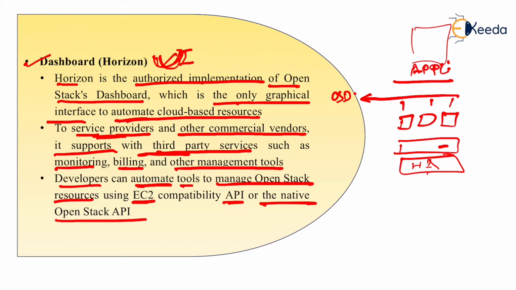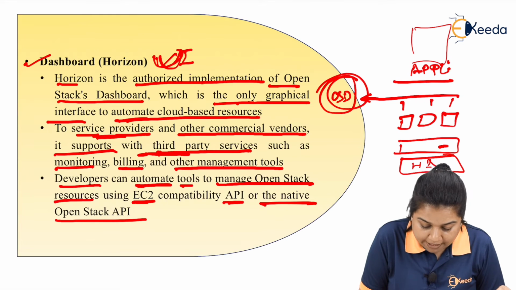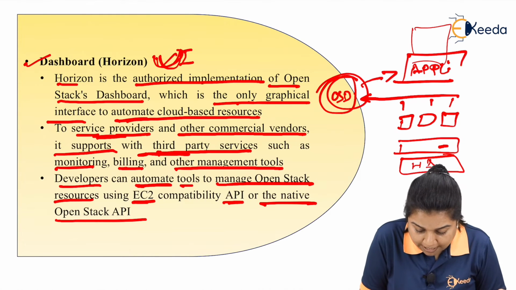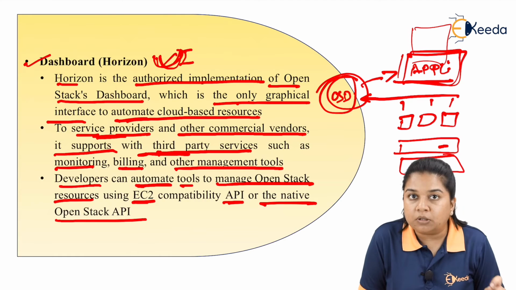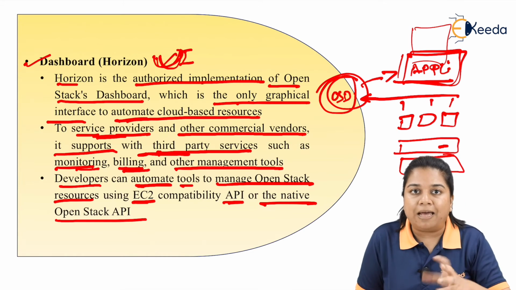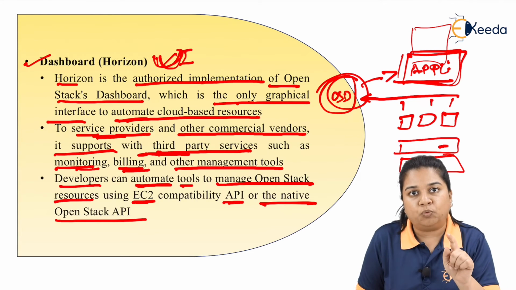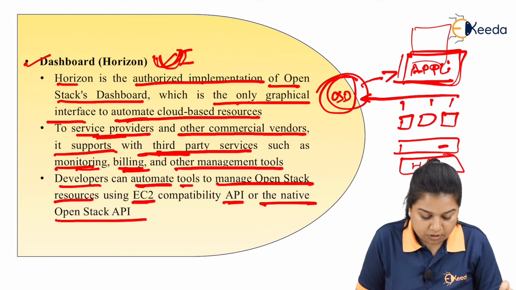So the dashboard acts as a third party for the application of the end user or the clients, such that monitoring, billing, and other management tools can be managed with the help of this dashboard or Horizon component.